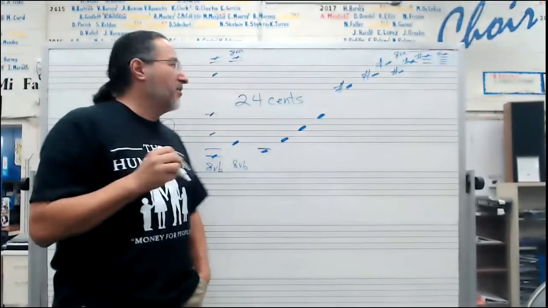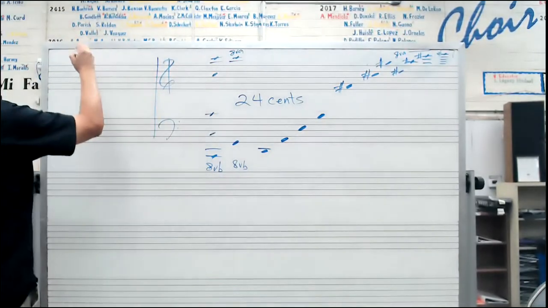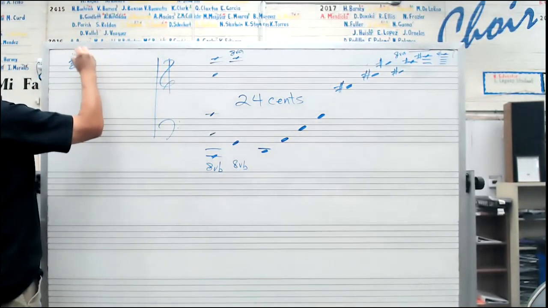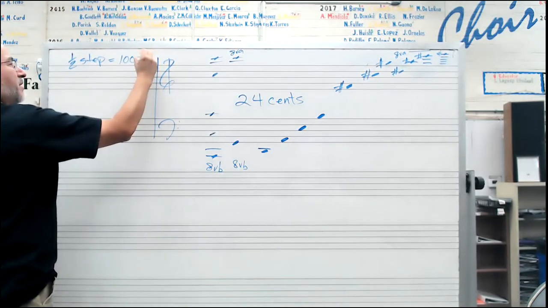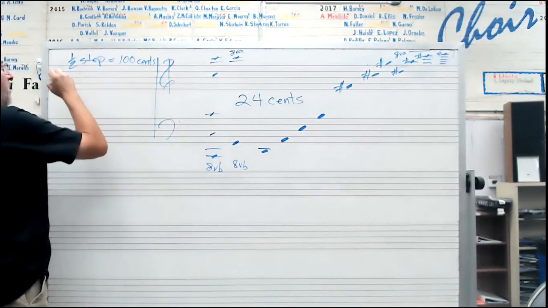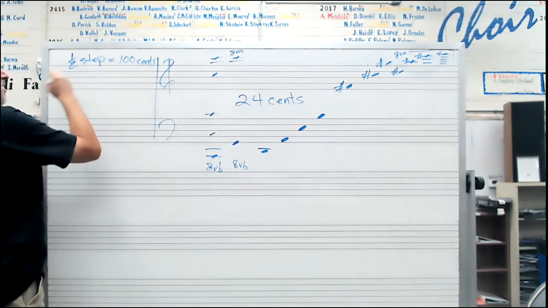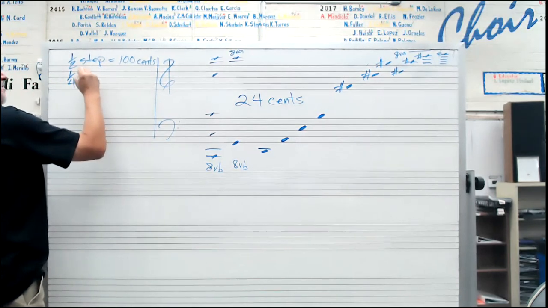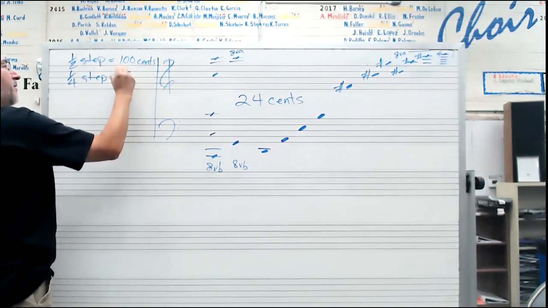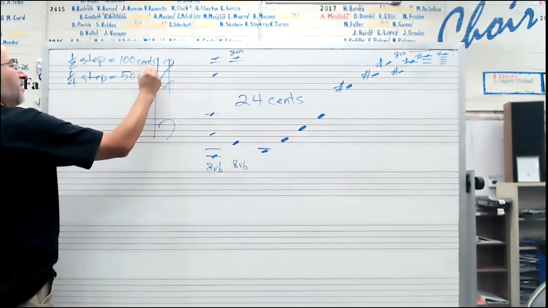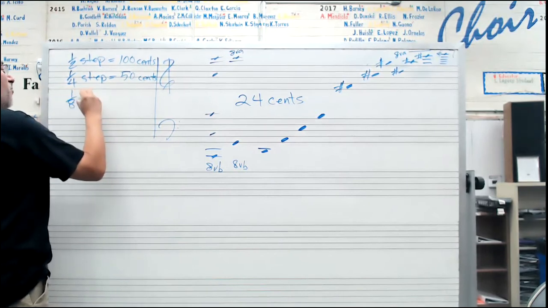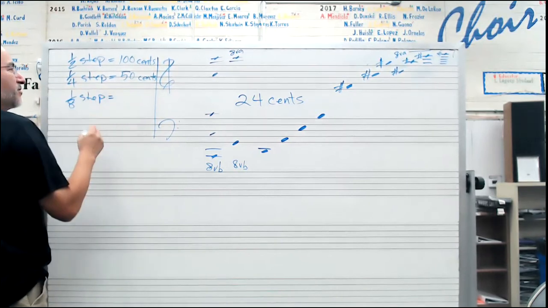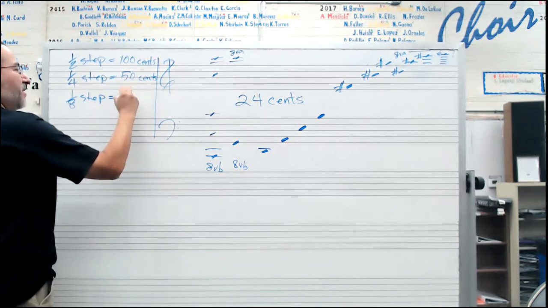Now let's break it down. If a half step or a minor second equals 100 cents, right? How much is a quarter step? 50 cents. And how much is an eighth of a step? 25 cents, right?